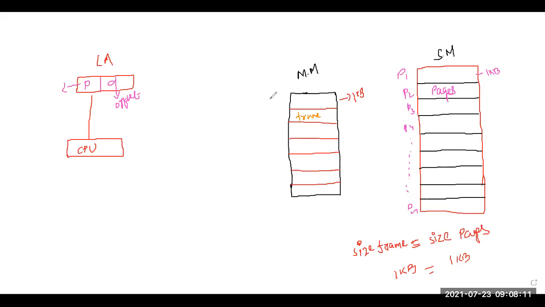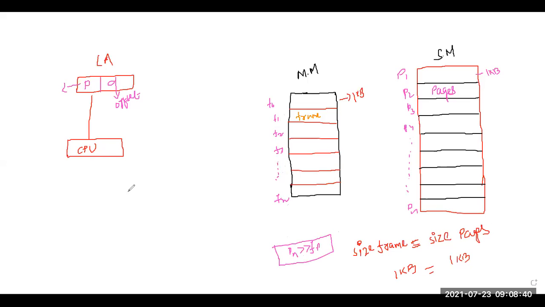Similarly, this is my frame number: frame 0, frame 1, frame 2, frame 3, and so on up to frame n. And we know that P of n is much greater than F of n. That means the number of pages will be much greater than the number of frames.